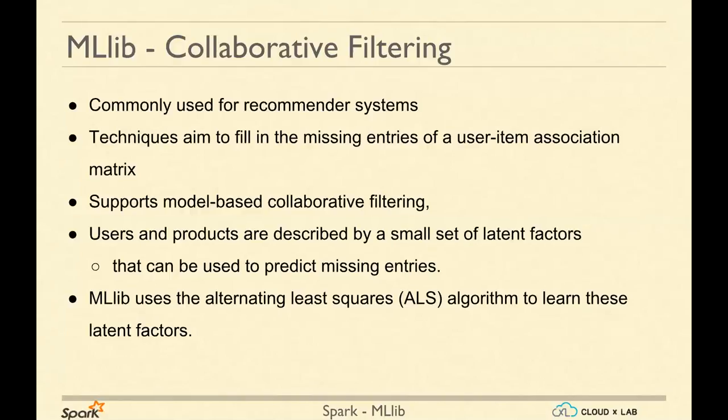Let's get back to collaborative filtering. Collaborative filtering is essentially the term commonly used for recommendation systems. The techniques under collaborative filtering aim to fill in the missing entries in a user-item association matrix.